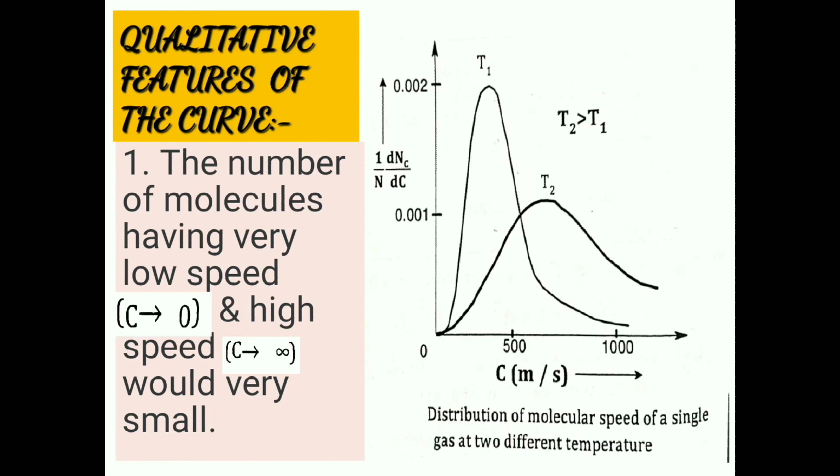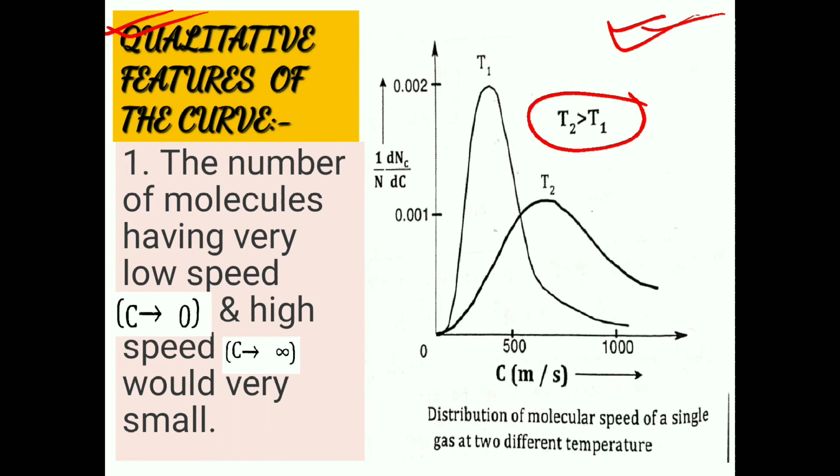Next, the qualitative features of the curve. For the Maxwell Boltzmann three-dimensional velocity and speed distribution, we get this type of curve at two different temperatures, where T2 is greater than T1.